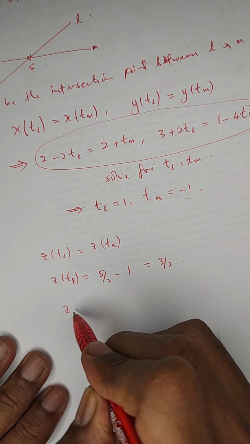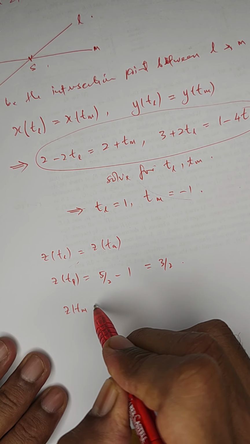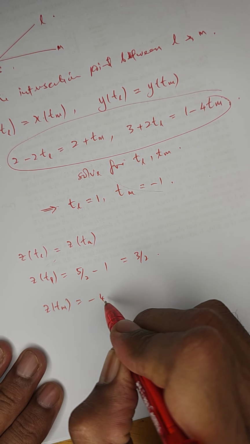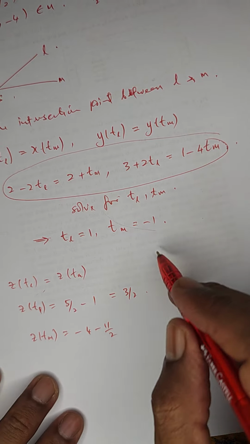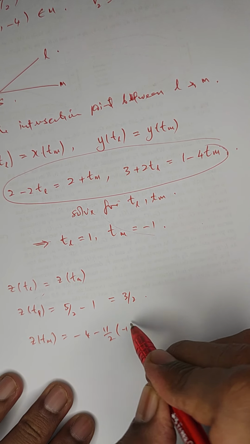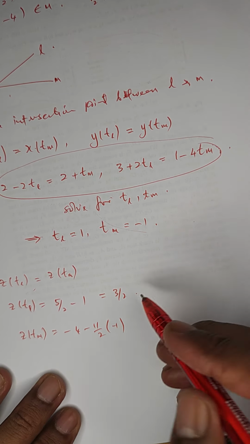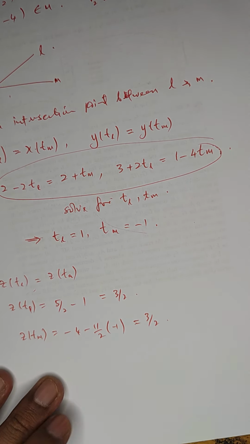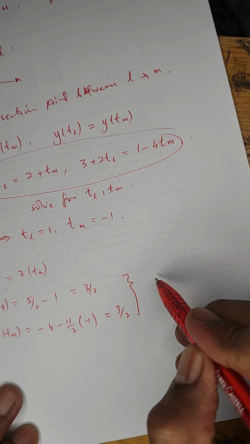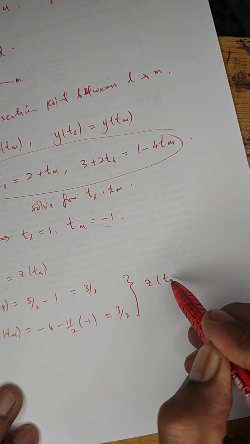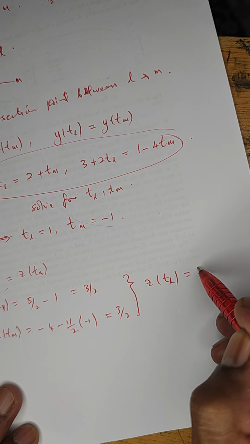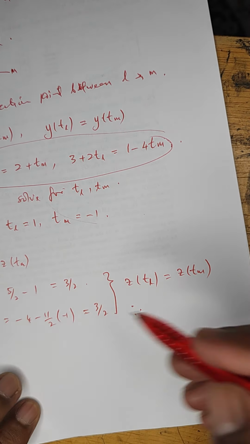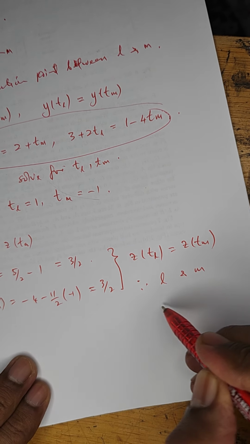And Z at TM, which is -4 minus 11/2 TM. Our TM is -1, so that we have plus 11/2, giving 3/2, right? So they are equal. So we can see here Z at TL is equal to Z at TM. Therefore the lines L and M intersect.